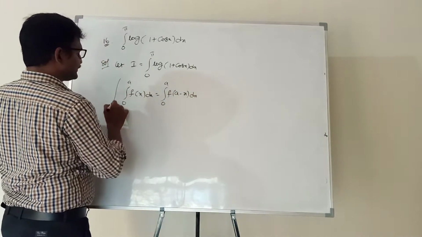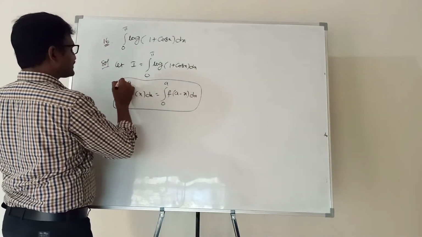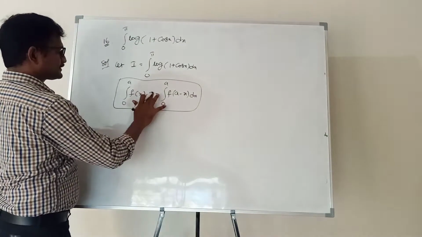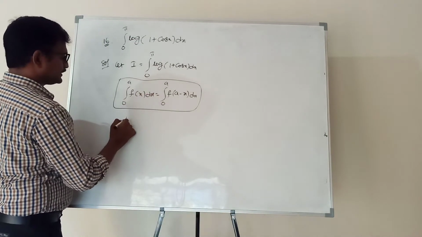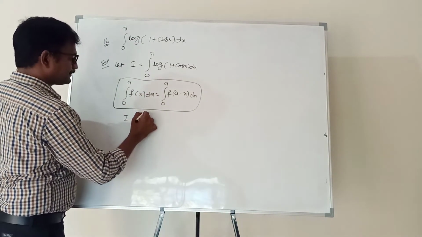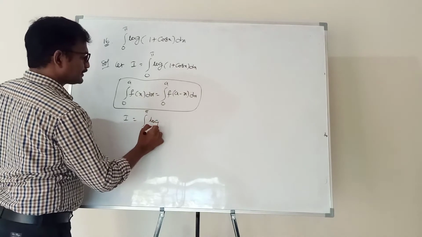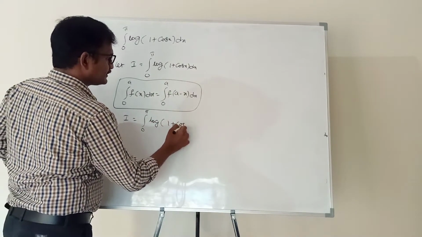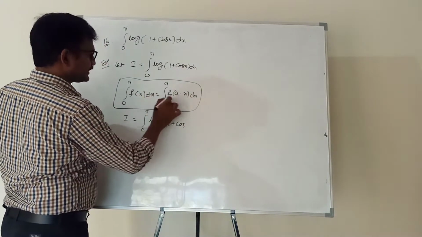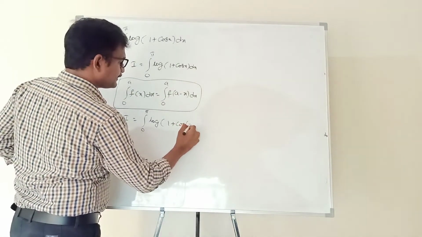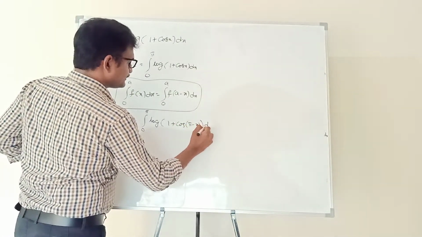Wherever x is there, in the place of x you can replace with a minus x. So I is equal to the integral from 0 to pi of log 1 plus cos of pi minus x dx.